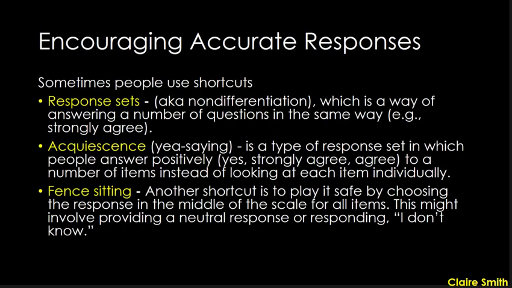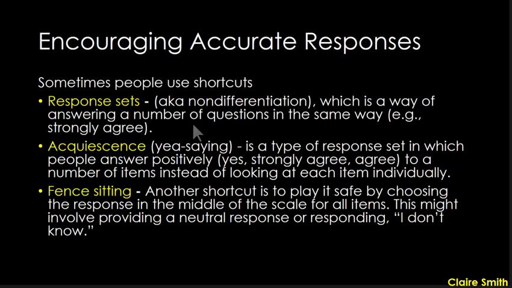Okay, so there are some other things we can do to encourage accurate responses. Sometimes people use shortcuts when answering a survey, because they might not want to spend the time reading through everything. One example of a shortcut is a response set, also known as non-differentiation, which is where they basically answer all the questions in the same way, right?